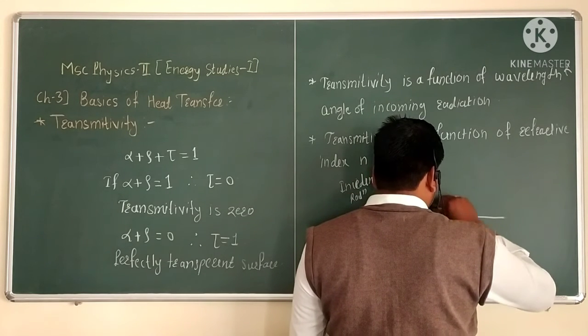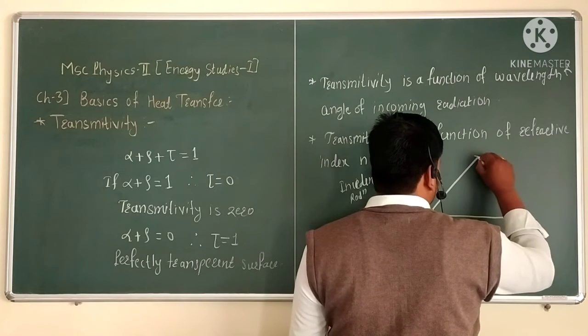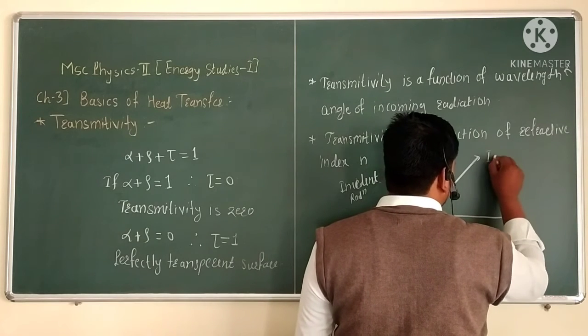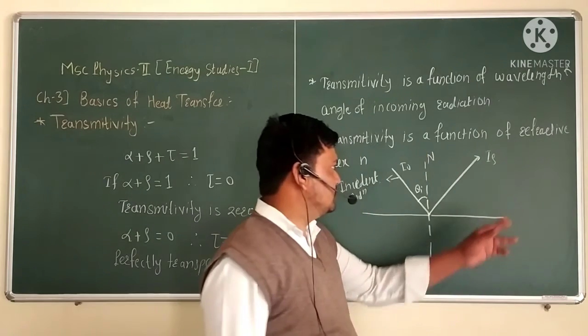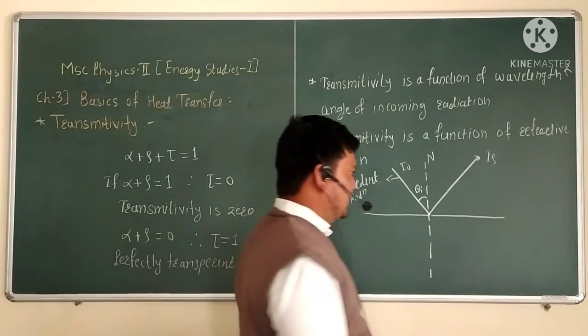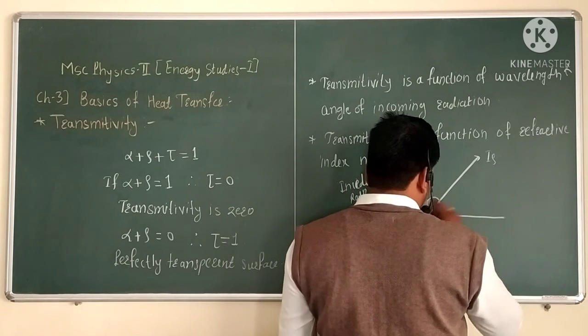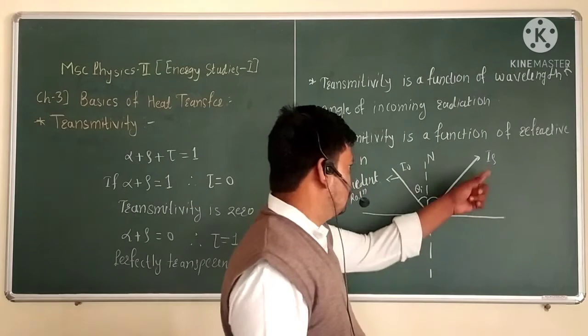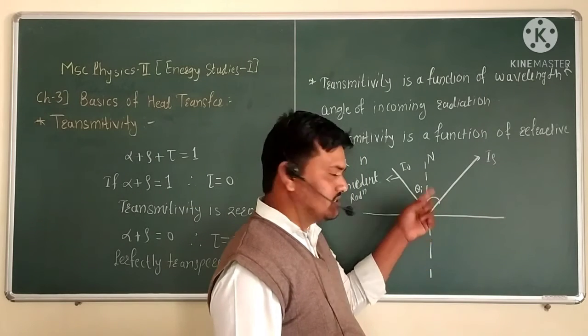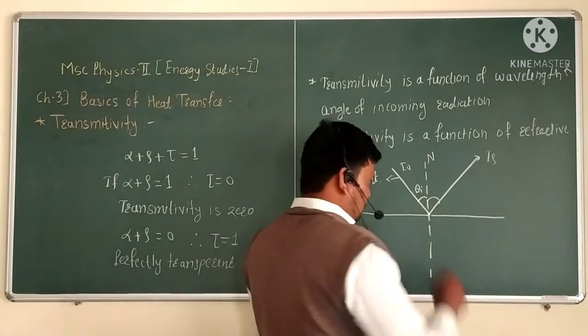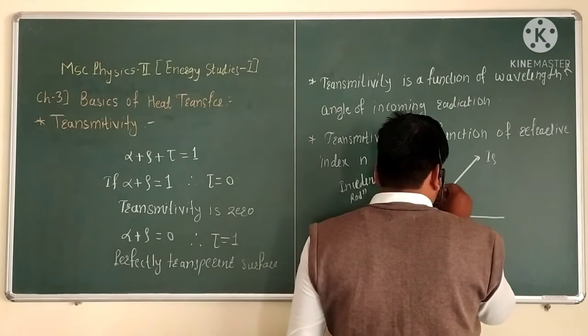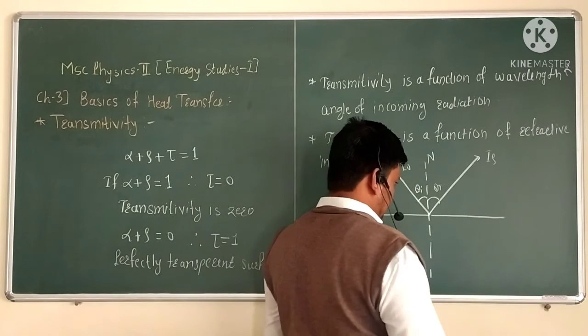After that the reflection takes place. The intensity of the reflected ray is I rho, and the angle between the normal and the reflected ray is theta r, the angle of reflection.